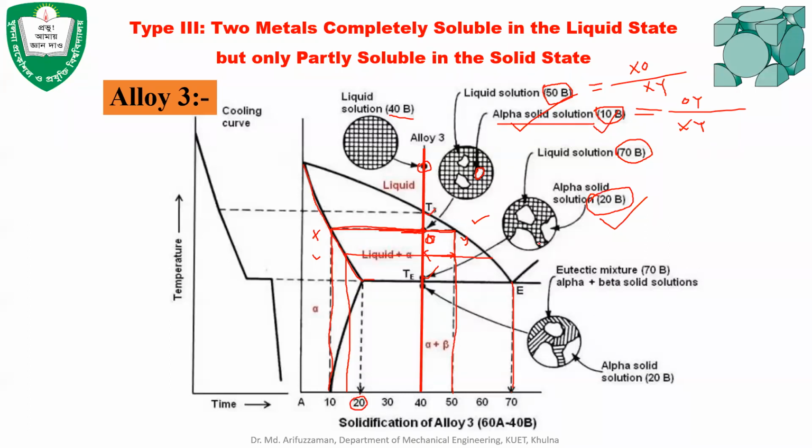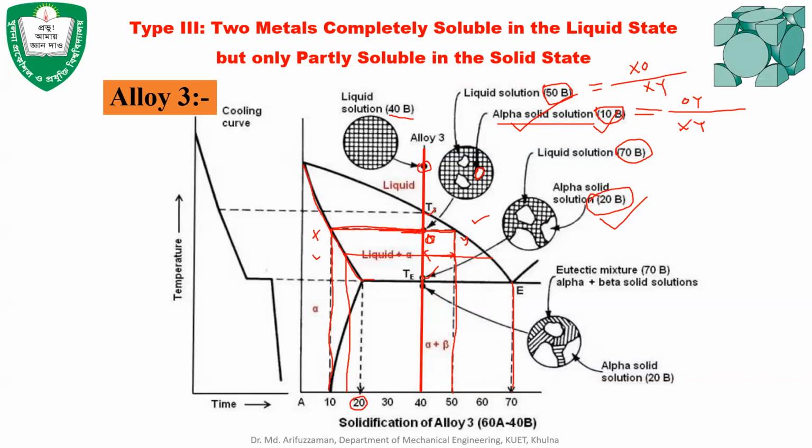So once the temperature drops from the liquidus line to the eutectic temperature line, the amount of alpha solid solution increases. At the same time, the amount of B in the solid solution also increases.